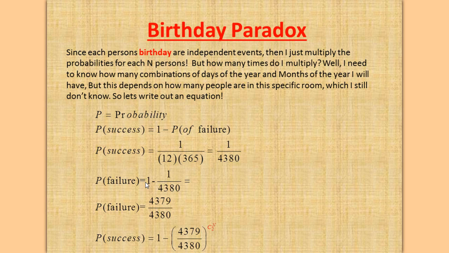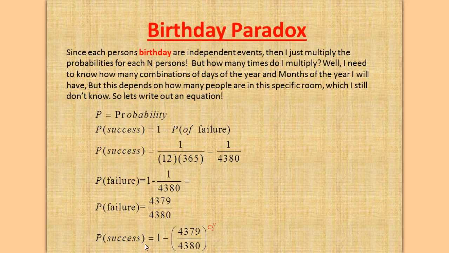And we said the probability of failure was 1 minus 1 over 365, which was 364 divided by 365. Okay, but now our probability of success is 1 divided by 12 times 365, which is 1 over 4380. Okay, and so when we subtract that from 1, we get the probability of failure, 4379 divided by 4380.